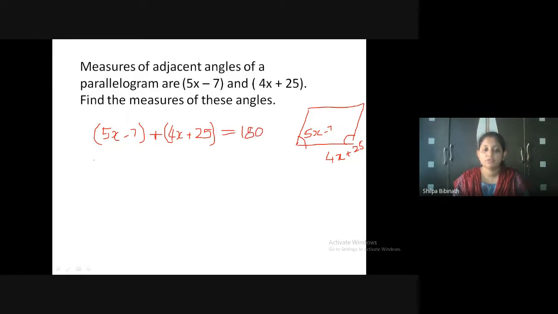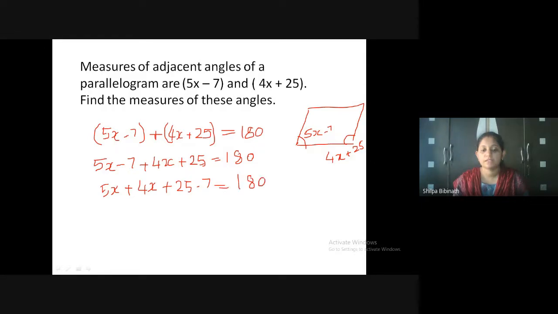Now let's solve. So it will be 5x minus 7 plus 4x plus 25 is equal to 180 degrees. 5x plus 4x, we'll take the x together, and plus 25 minus 7 is equal to 180.